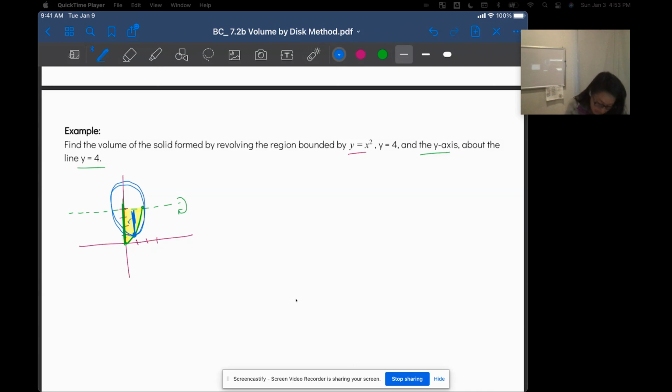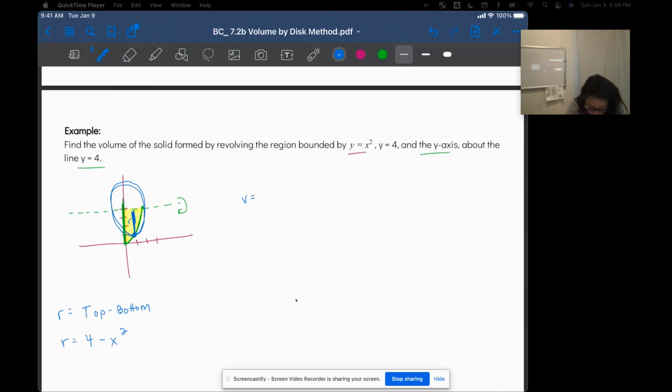The radius is equal to the top curve minus the bottom. This time the top curve is the line of rotation, so that would be 4, and the bottom curve is the parabola, so minus x squared.